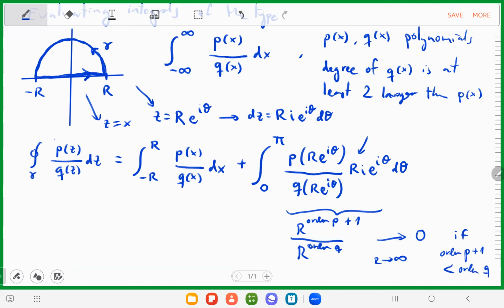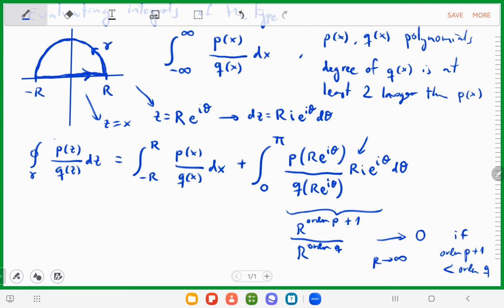Okay, so for example, p is a polynomial of degree 2. Sorry, I should say degree, not order. Well, you understand what I mean. If p has degree 2 and q has degree 4, then it's fine, because we'll still have something that goes like r to the power of 3 divided by r to the power of 4, which goes to 0 when r goes to infinity.